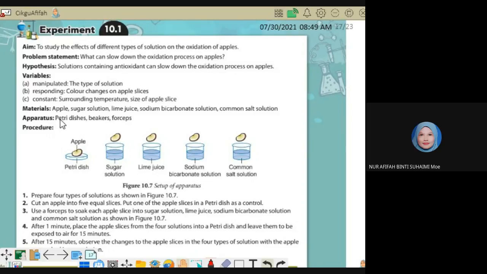Okay, material masih ada apple lah. Okay, apple, the solution, the chemical substance that we use, and then the apparatus, alat apa yang kita guna, pinggan ke, sudu ke, garfu ke, that is apparatus. So we have here petri dish, beakers and forceps. Okay, forceps to carry the apple lah, to hold the apple.